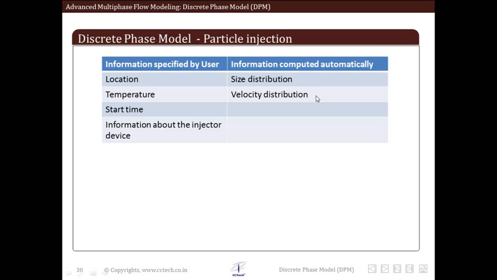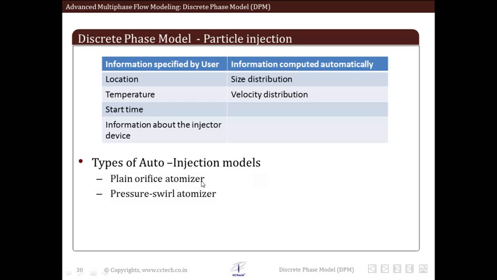That is, which particle will have what size and which particle will have what velocity is automatically calculated by using the various distribution models or automation models. The types of auto injection models that are available are plain orifice atomizer, pressure swirl atomizer, air blast atomizer, flat fan atomizer, and effervescent atomizer. All these submodels we will study in the coming slides.